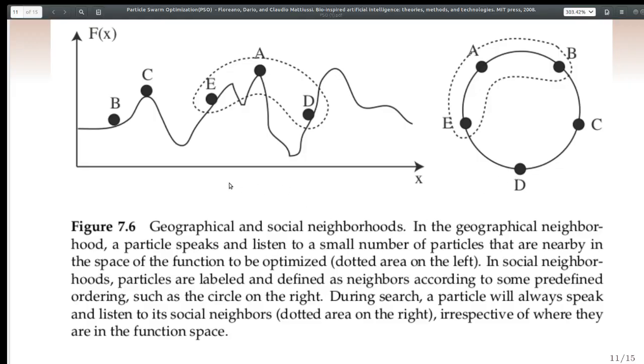In the geographical neighborhood, a particle speaks and listens to a small number of particles that are nearby in the space of the function optimization. But in the social neighborhood, particles are arranged in some predefined order, here a circle. During the search, a particle can speak and listen to its social neighbors in the dotted area.